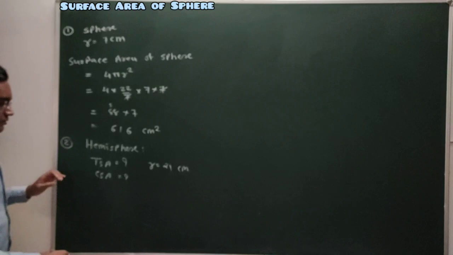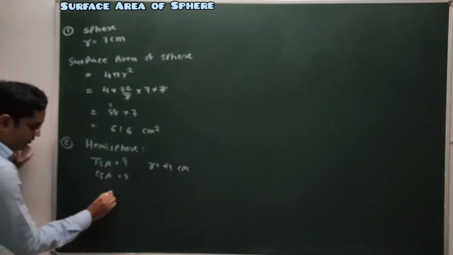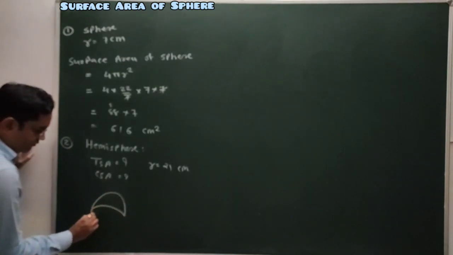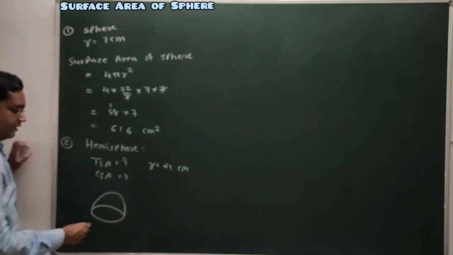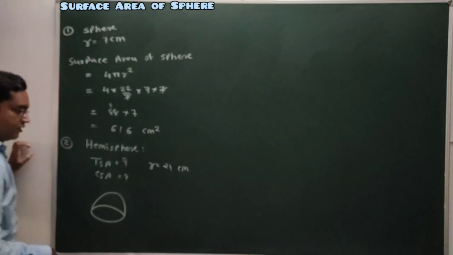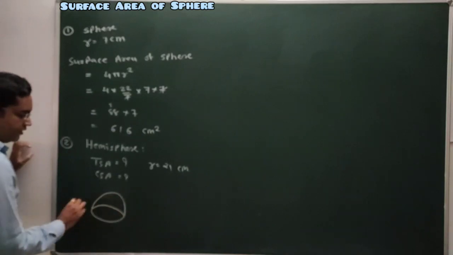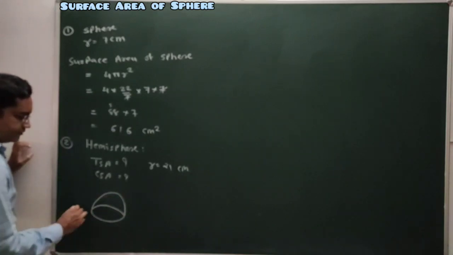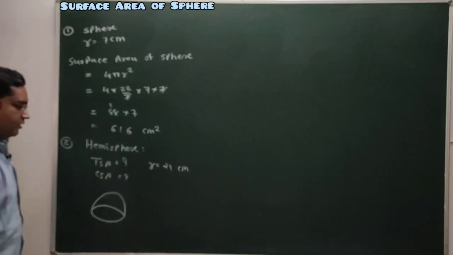So what is hemisphere? Two surfaces are there, curved surface and bottom. Curved surface area plus bottom is nothing but the total surface area. So first we will find this curved surface area and then we will find total surface area.